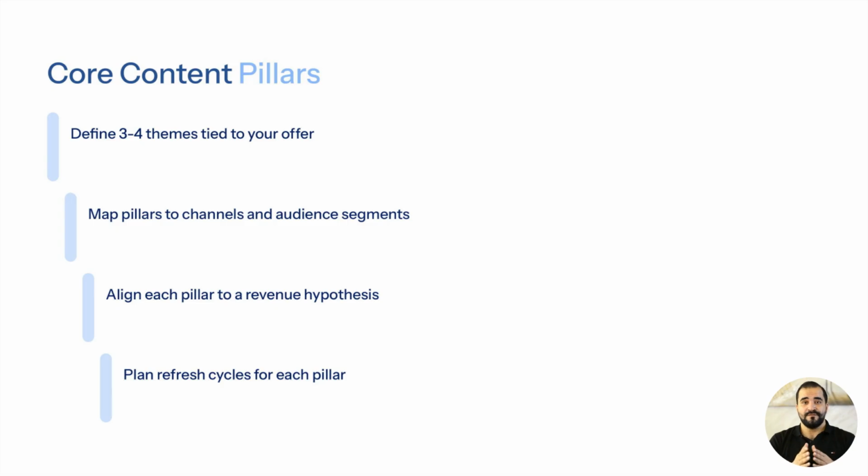When every pillar supports a clear revenue hypothesis, your content stops being nice to have and starts working like a strategic asset. As your business evolves, schedule regular refresh cycles so these pillars stay relevant, interesting, and aligned with where you're actually headed. Over time, this rhythm makes your content feel consistent, intentional, and surprisingly easy to maintain.